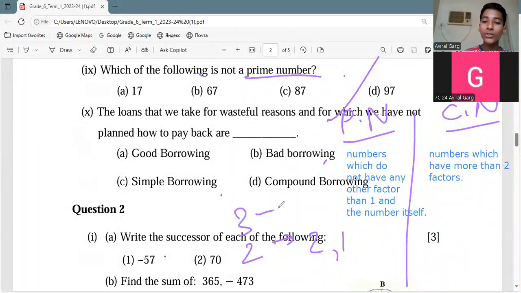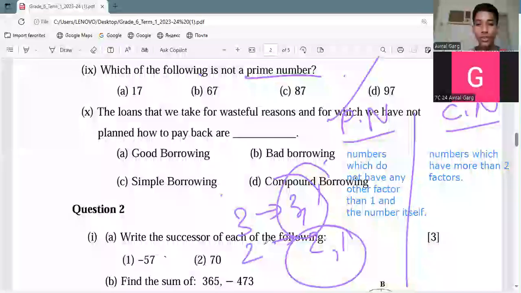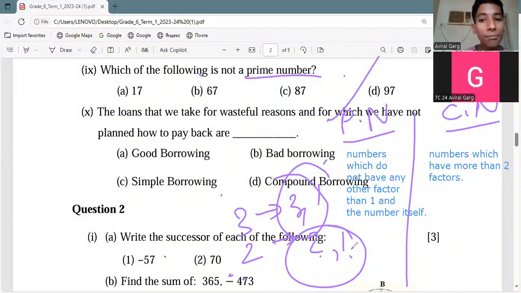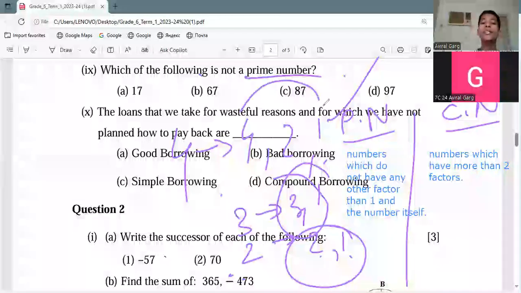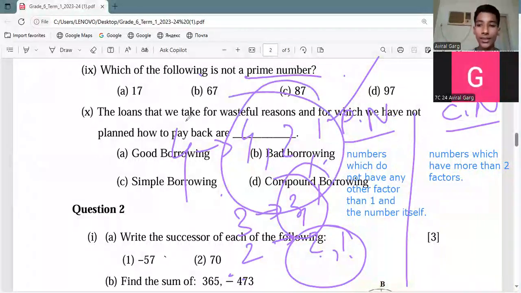Then 3 also, 3 and 1. Such numbers which have only two factors, the number itself and 1, are called prime numbers. But for 4, the factors are 4, 2 and 1. Here three factors are there. That's why it is a composite number.